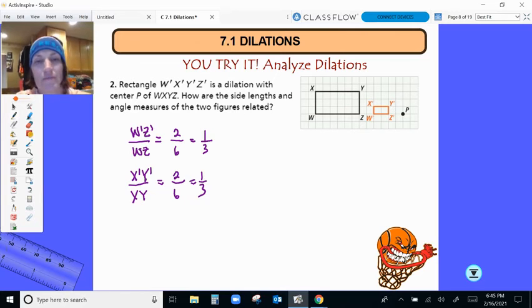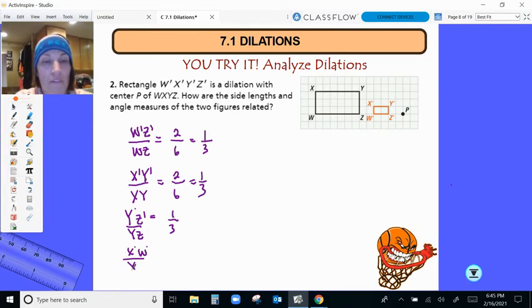That's also 1/3. Okay. Let's look at our YZ. So Y prime, Z prime to YZ. Y prime, Z prime is 1, and YZ is 3. And then our last one is going to be our X prime, W prime to XW, and that is equal to 1/3 also. So our image is going to be 1/3 of the size of our original.